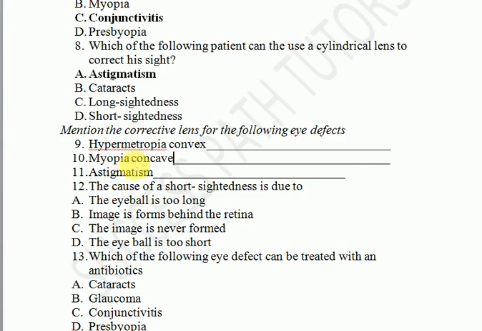In this case, the images are prematurely converged, so a concave lens will help to diverge the image. The lens diverges the rays of light such that the image is now formed directly on the area of visual acuity, and astigmatism is corrected using a cylindrical lens.